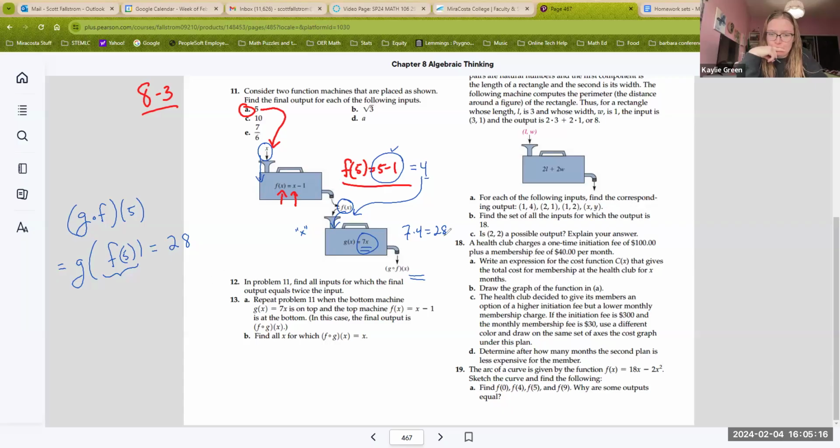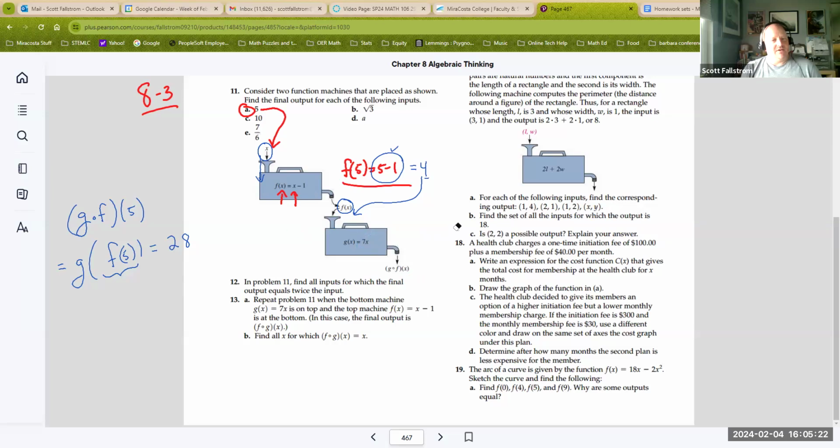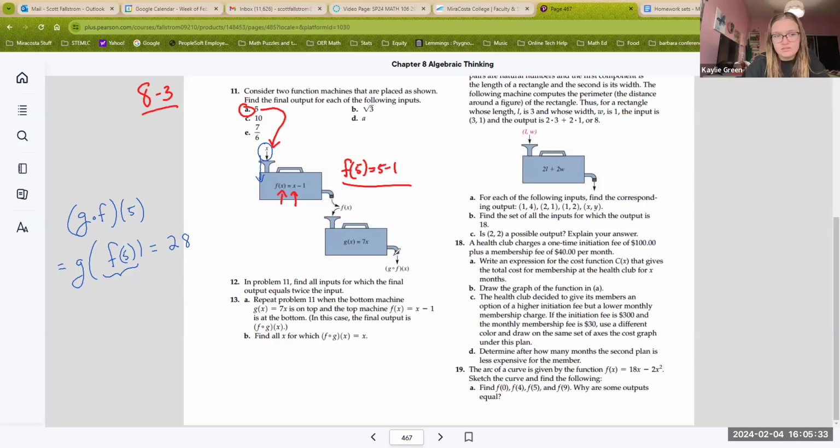Okay. But now, if you don't mind, I'd like to go back just one step because I think this will help you with part B. You said it was 4. Could you have done the same thing if you left it as 5 minus 1? What would you do with that 5 minus 1 down here?